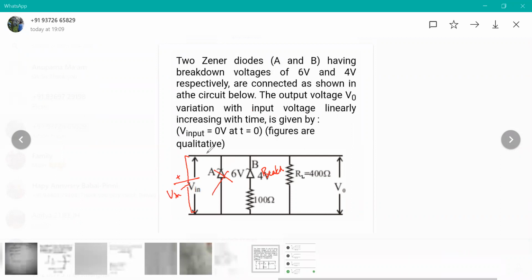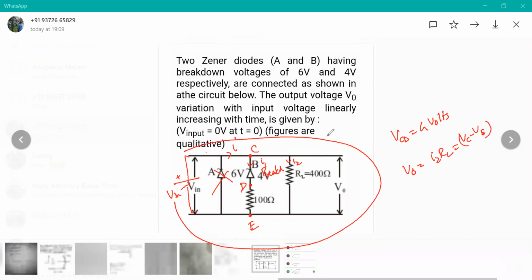If this point is C, this point is D and this point is E, you can see VCD will become fixed at 4 volts whatever current is passing through this. But the voltage across the output, which is I2 into RL, is equal to VC minus VE. See this outer loop. Understood now? So that's still equal to input voltage.